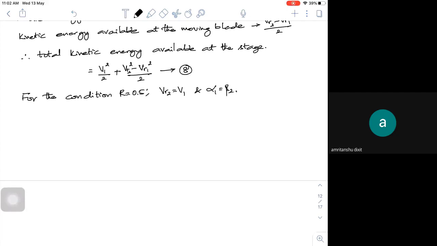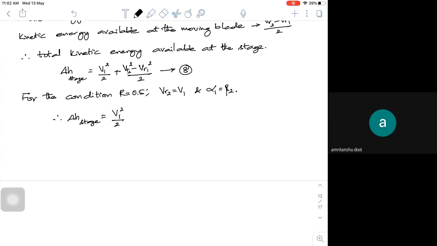Now what is the kinetic energy available at any stage? This is nothing but the enthalpy of the stage in terms of kinetic energy. So I can write delta H for the stage, or the energy available for the stage, will be equal to V1 square by 2.